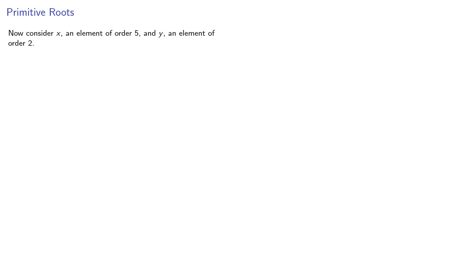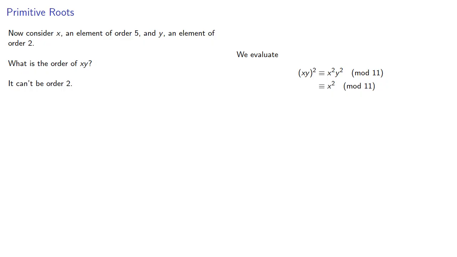Now consider x an element of order 5, and y an element of order 2. What's the order of the product? It can't be 2 because if we square it, then y has order 2, so y squared is going to be congruent to 1, and we can ignore that factor, and so xy squared has to be x squared, which can't be 1 since x has order 5.